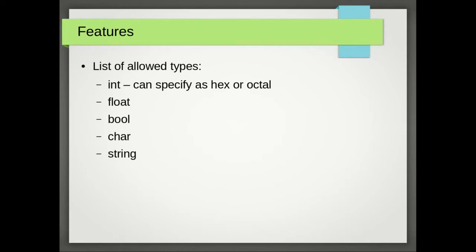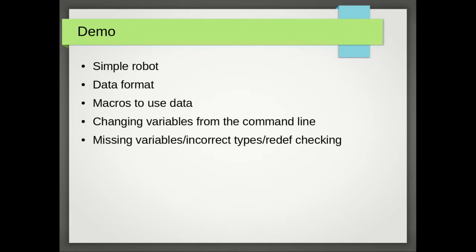And so the types that you can specify are ints, which you can write as decimal, hex, or octal. You can have a float, bool, char, or a string.